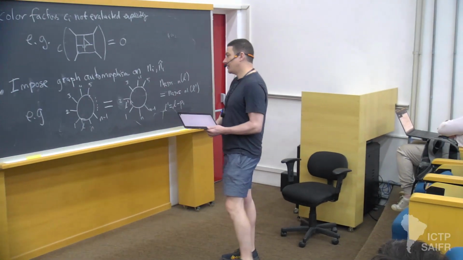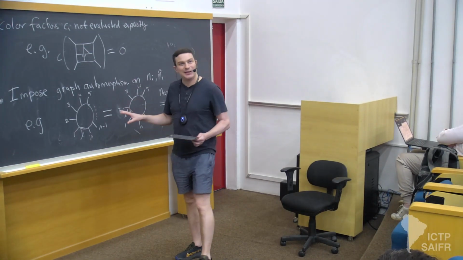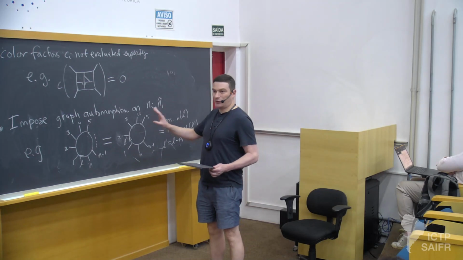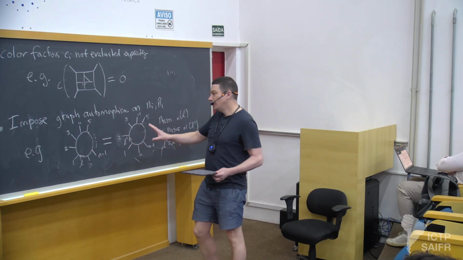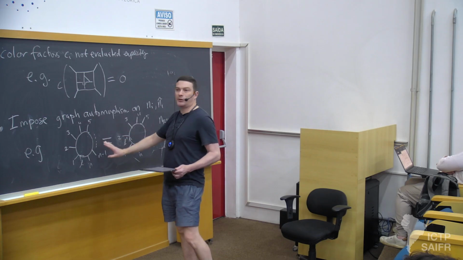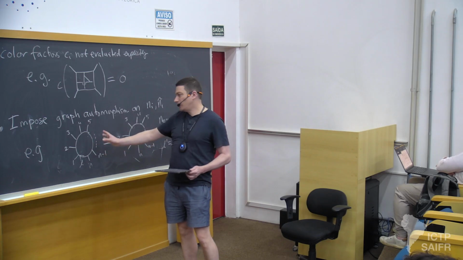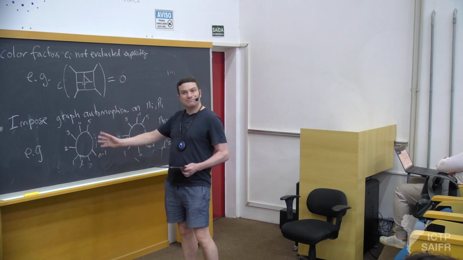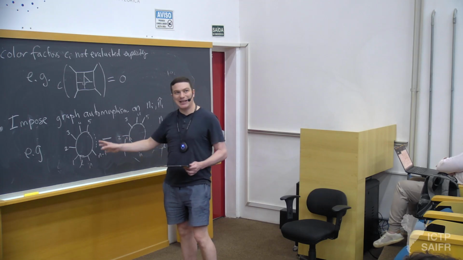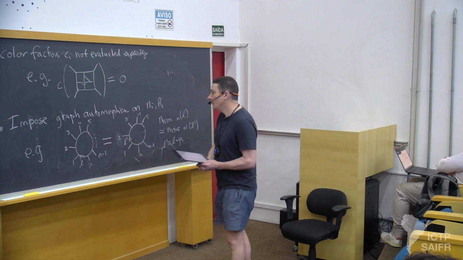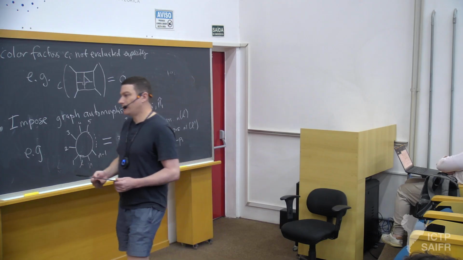But you have to remember that the way I define planar is with respect to a certain ordering. So even at tree level, I talked about non-planar graphs. So here again, if you stick with one ordering, sure it's planar. But if we consider other orderings, you cannot consistently label different orderings, right? So that's a problem already at one loop.